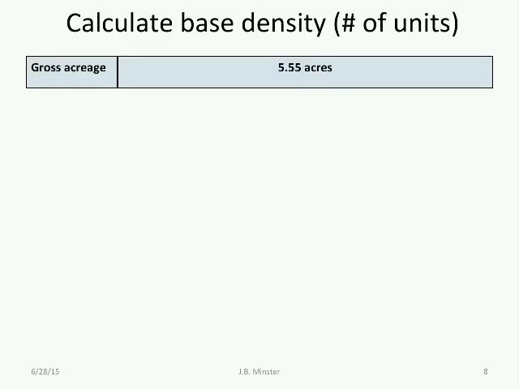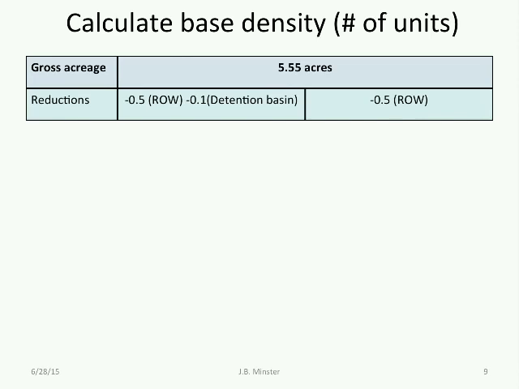The first step is to calculate the base density, that is the number of units which are permitted on this property. We start with the gross acreage of 5.55 acres. From that gross acreage, we have to remove the non-buildable areas, which may or may not include the detention basin.